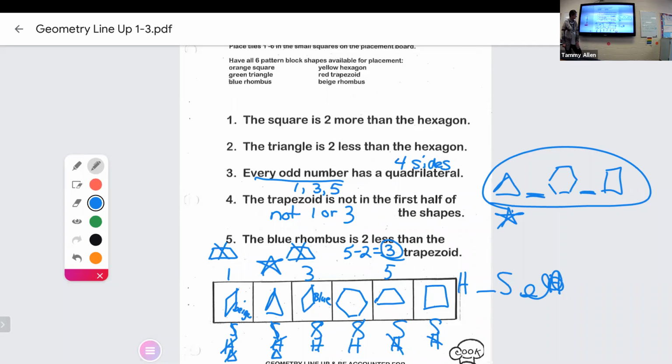Okay, so this clue right here would have been best up here. Does that make sense? And then this one would have been best there. Okay? Does that make sense?